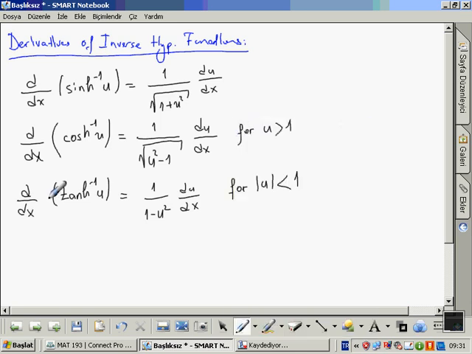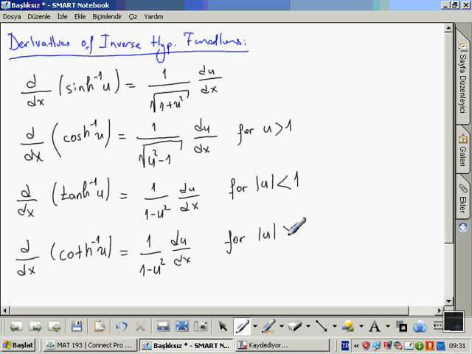And del over del x of inverse cot hu is 1 over 1 minus u square, del u over del x, for absolute value of u larger than 1.